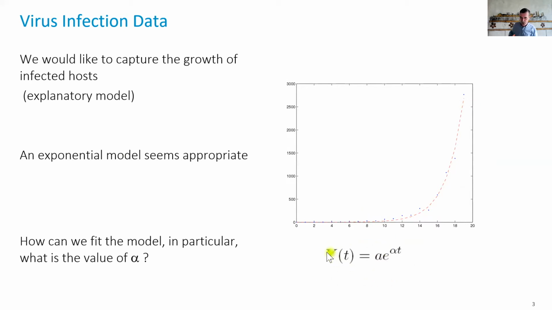The number of infected hosts at time t grows exponentially. If I start with 0 at time t0, the beginning of the infection, an exponential function of this form appears to be appropriate. Then we're interested in the growth rate, which is alpha, which will help us take some actions, right? So how do we estimate alpha?